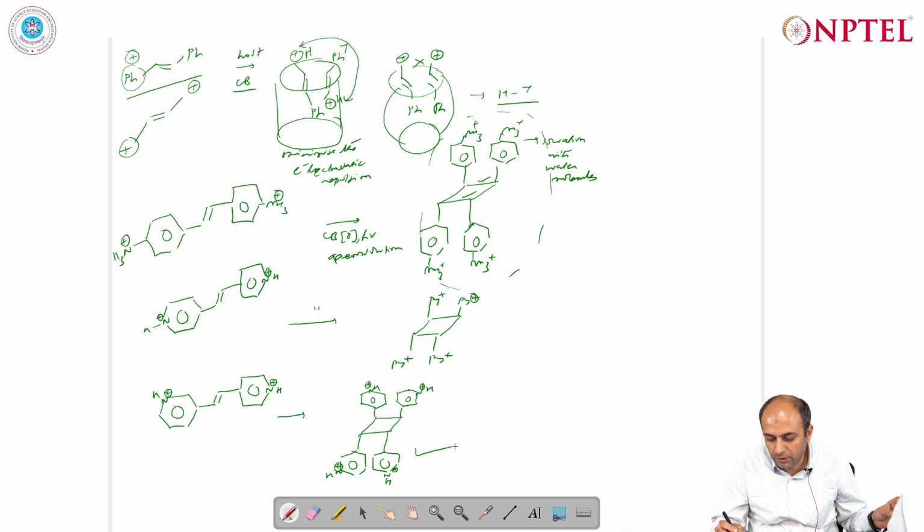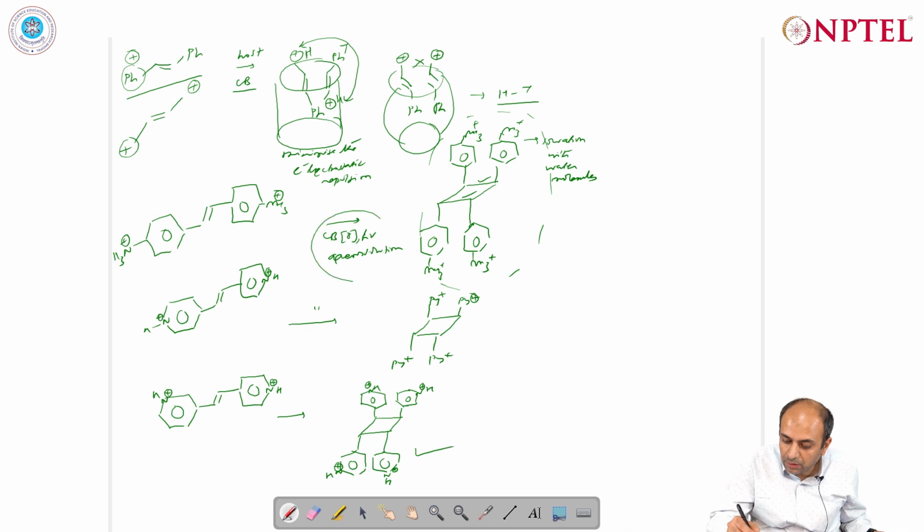So dimerization of olefins can take place in the presence of suitable host templates like cucurbiturils. That talks about the relevance of cucurbiturils as well.